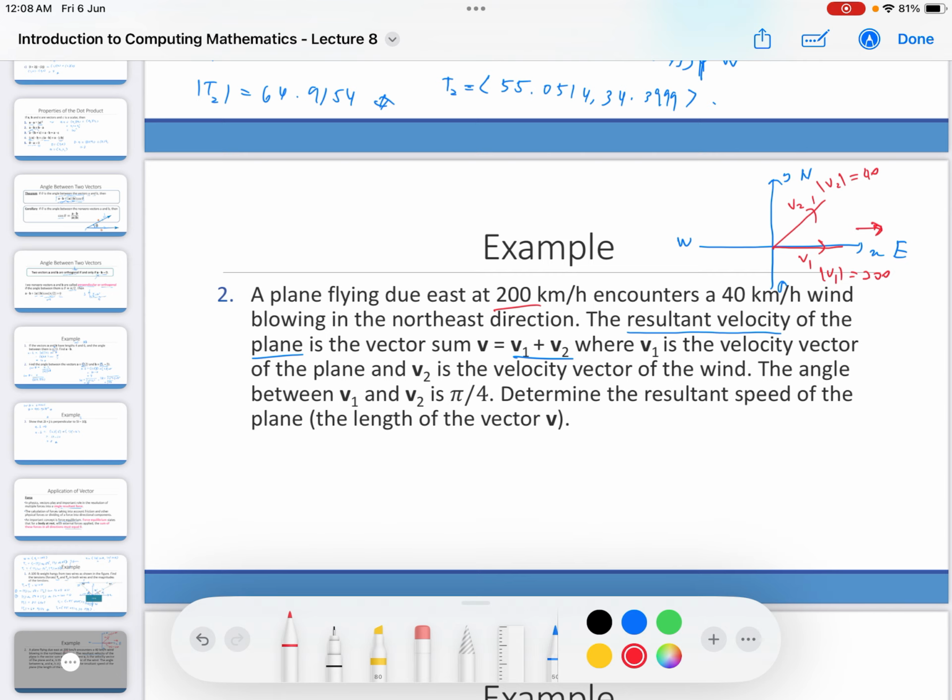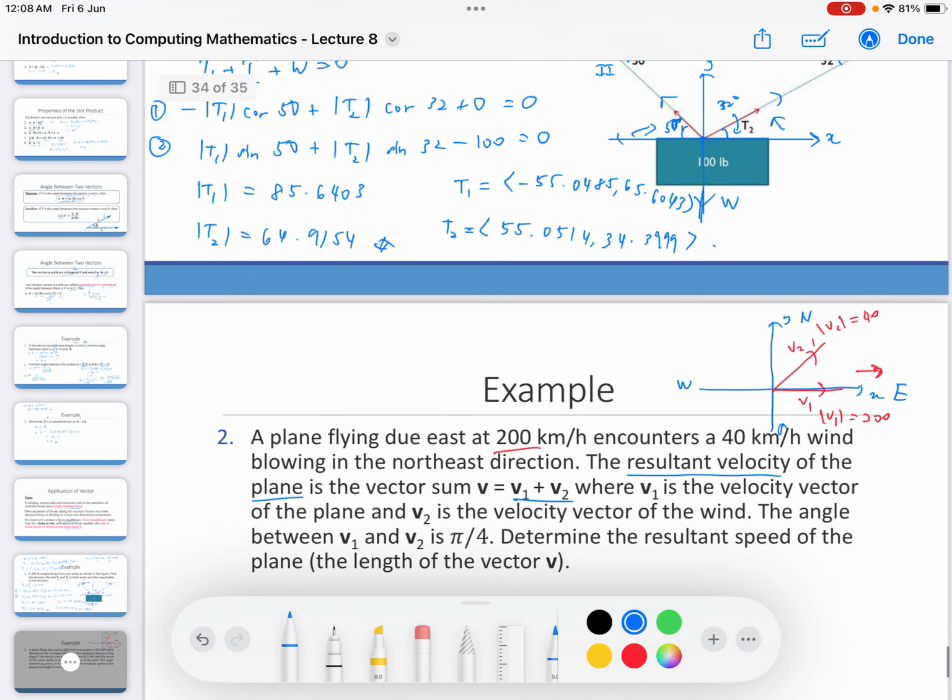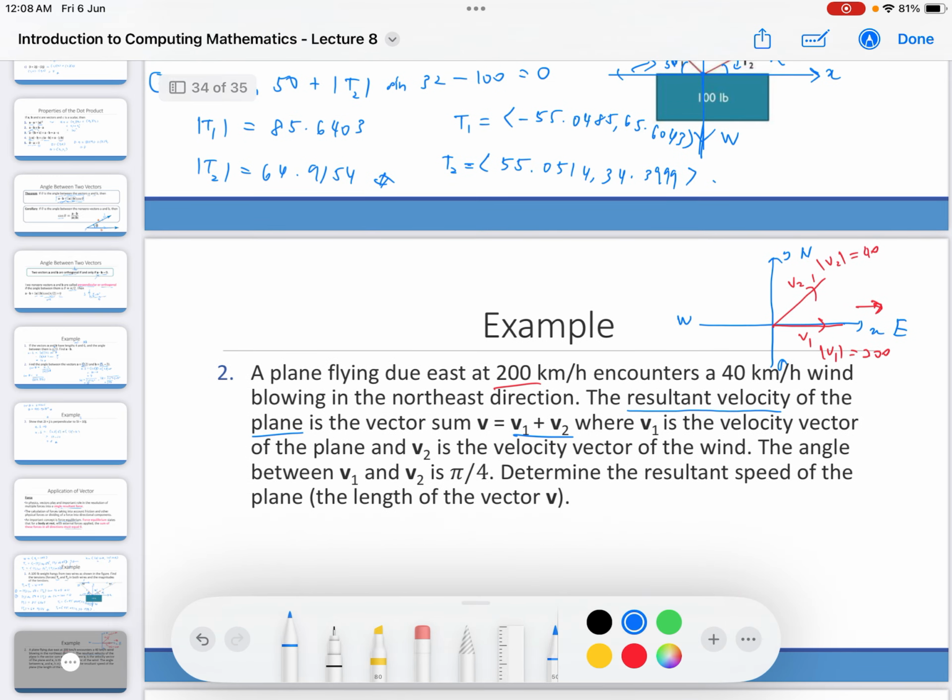So the resultant velocity is v1 plus v2. If we add these two, we draw v1 and then add v2 like this, and we get this one, the resultant velocity v.